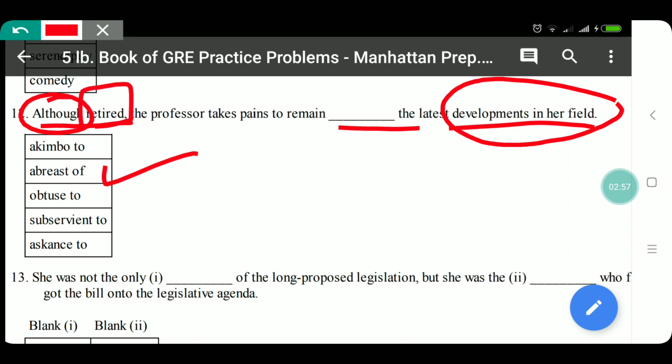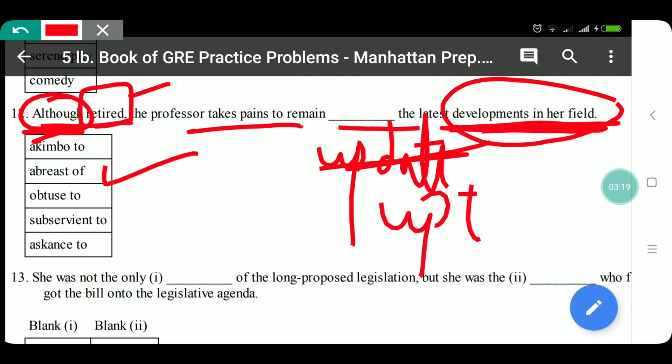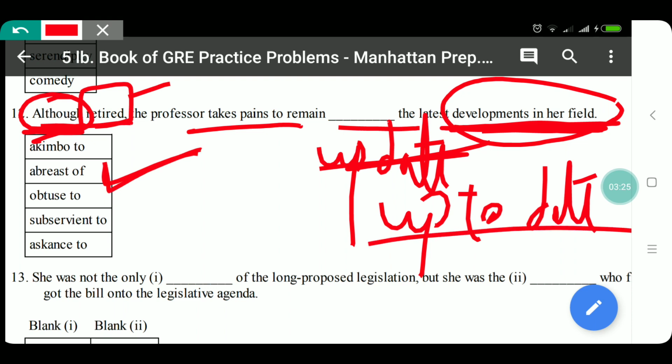So although retired means someone who doesn't take much interest, but we will see something in contrast with that. Here we want something which shows that the person is taking pains to remain up to date with the latest developments in the field. So abreast of means up to date with.